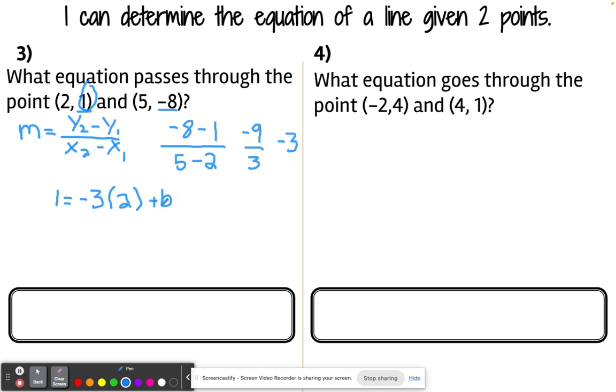Well, negative 3 times 2 is negative 6 plus b equals 1.